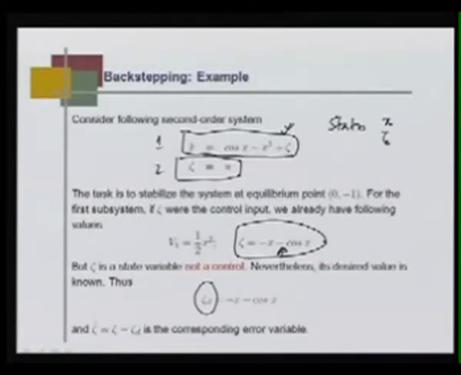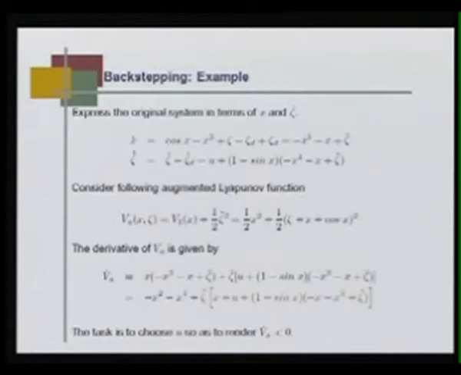So, what we do now is introduce a new state variable, xi tilde, which is xi minus xi desired.